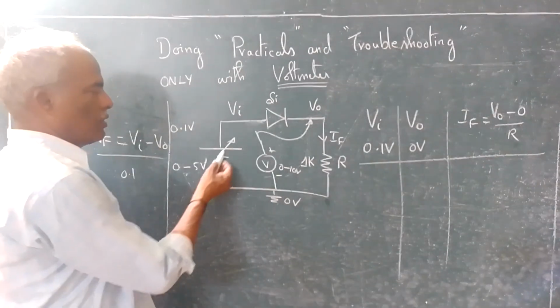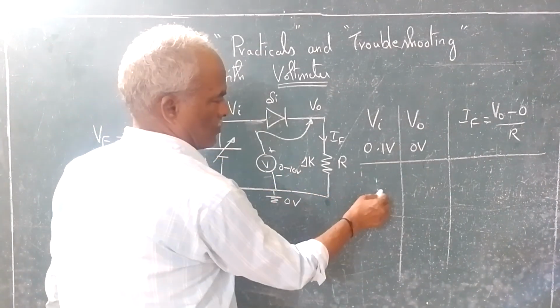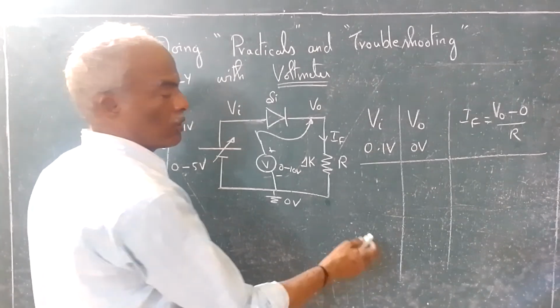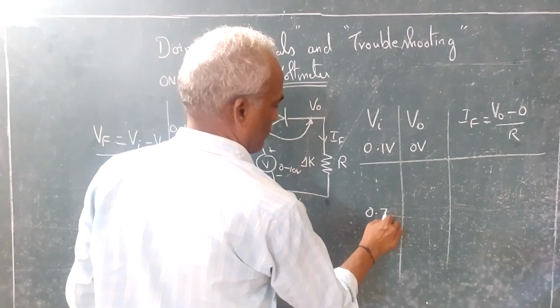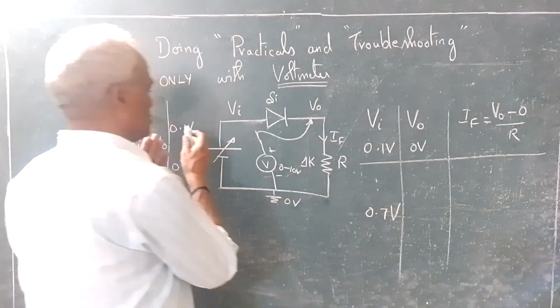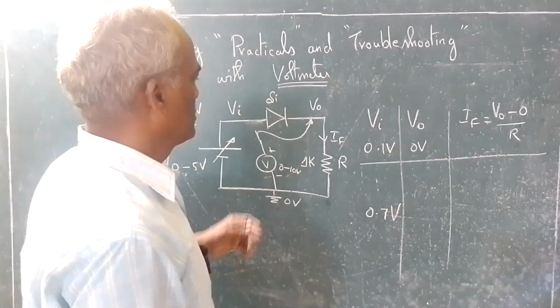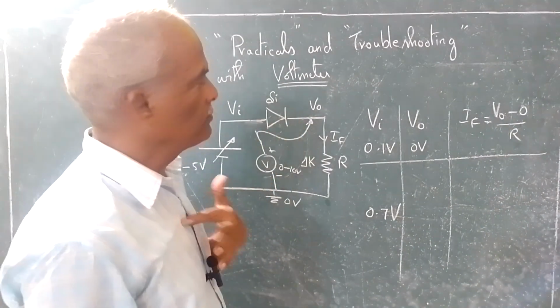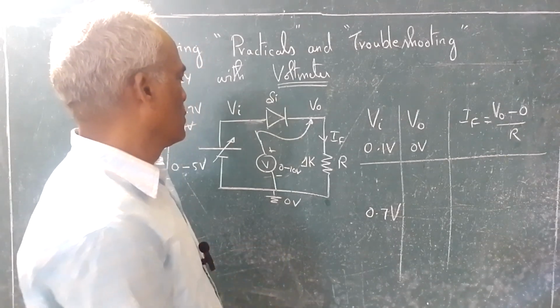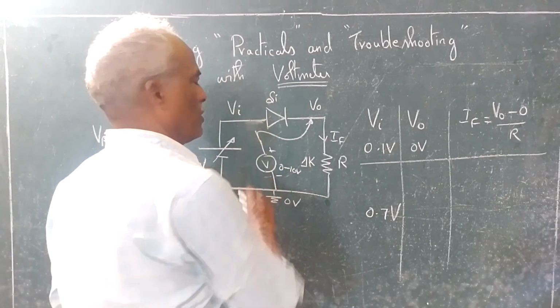Suppose you keep on increasing, you can record all the readings. At one point, say V in, I am setting this to 0.7 volts. So just the diode will be on. With respect to ground, this will be 0.7.